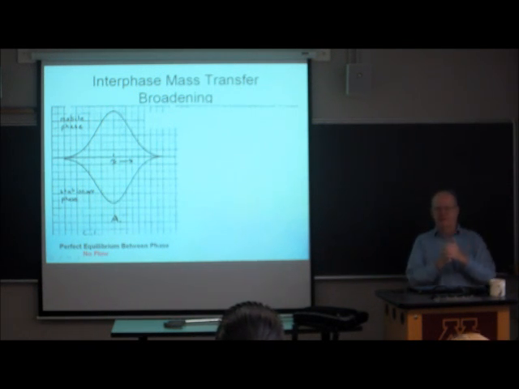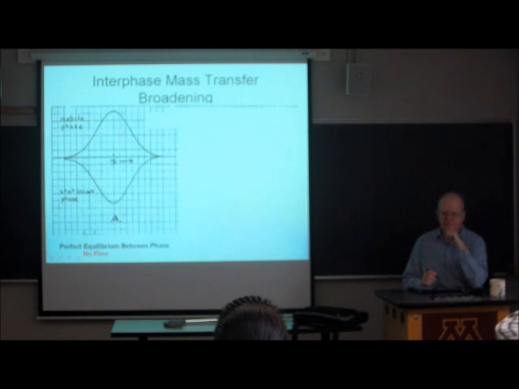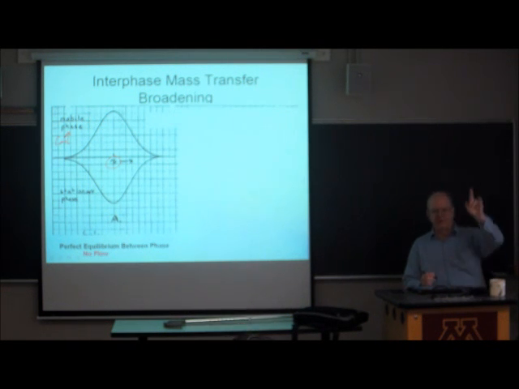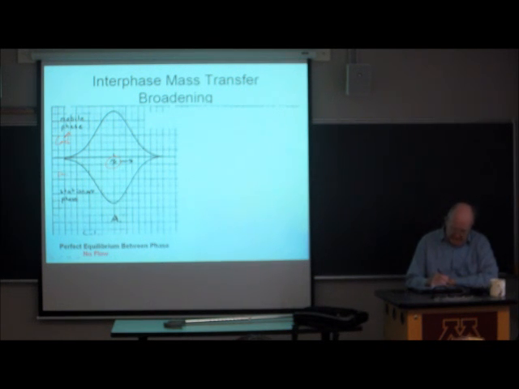Suppose we took a sample, shot it in the column, let it go in the column, and then turn off the flow, and let the solute come to equilibrium, perfect equilibrium, between the two phases. So if we then made a plot of concentration versus distance along the column, higher concentration in the mobile phase goes up, and higher concentration in the stationary phase goes down.